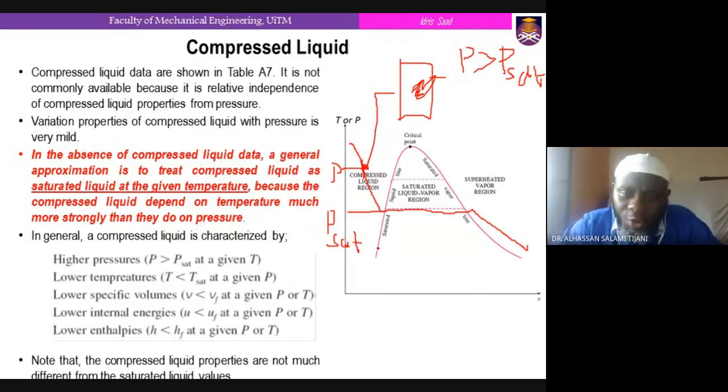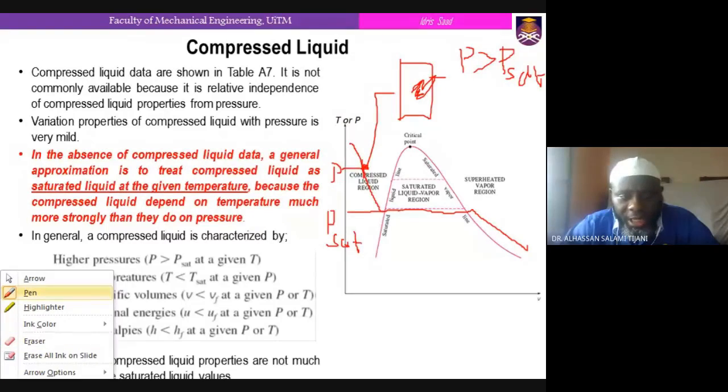In a similar situation, if you consider a TV diagram, what is a TV diagram? A TV diagram is a diagram that consists of a constant pressure line.